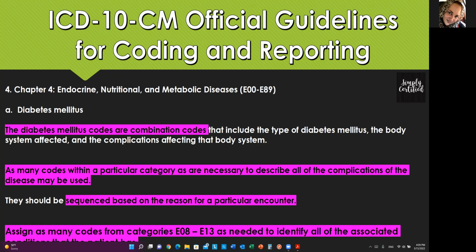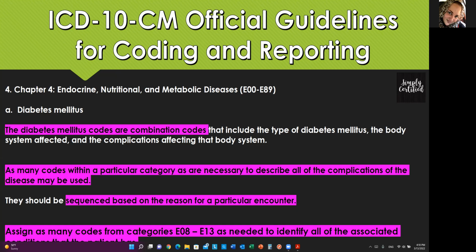The next important thing to really hone in on is that you can assign as many codes within a particular category as you need to describe the complications of diabetes. So when it says a particular category, if a patient has type 2 diabetes, it's coding to the E11 category.